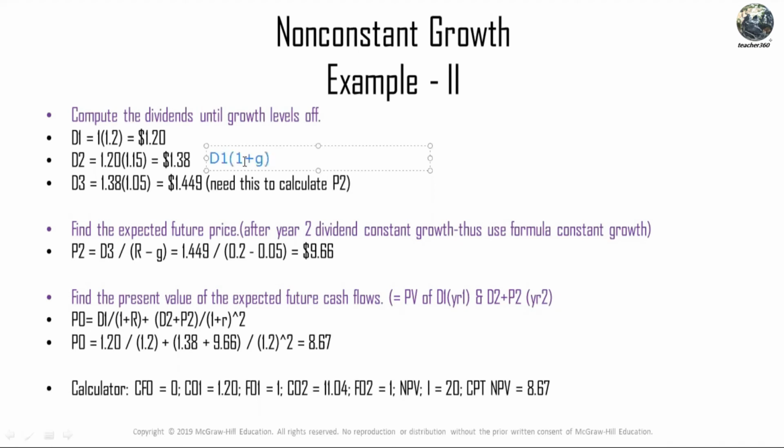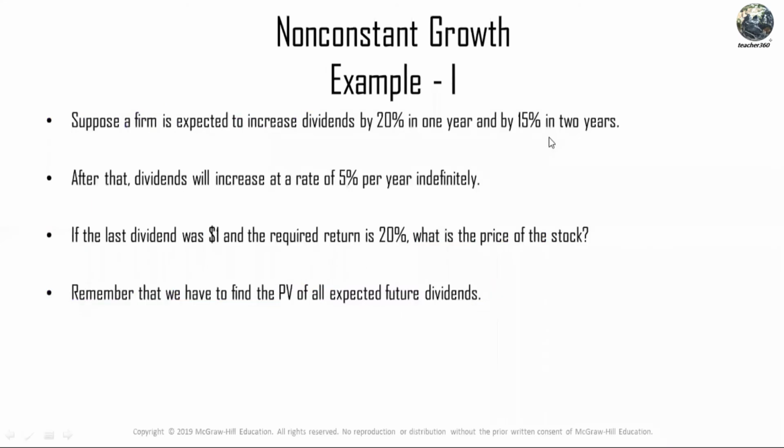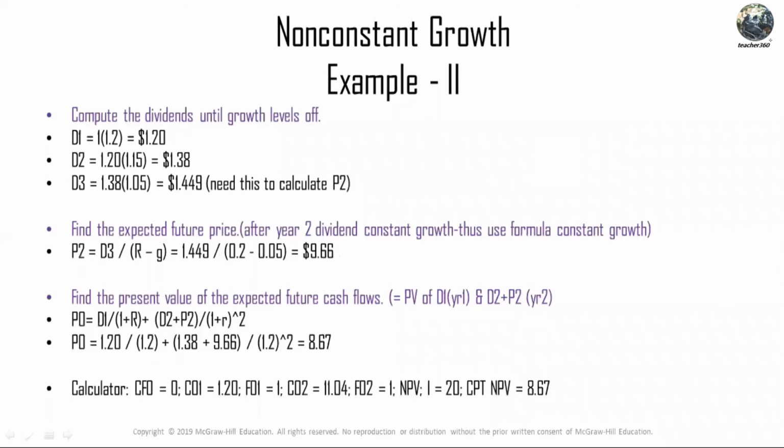Then we have D1, which is 1.20, multiplied by 1 plus the 15% growth rate. In our question, we have seen that in year 2 the growth rate is 15%. So 1.15 multiplied with D1, then you'll get 1.38 as dividend for D2.